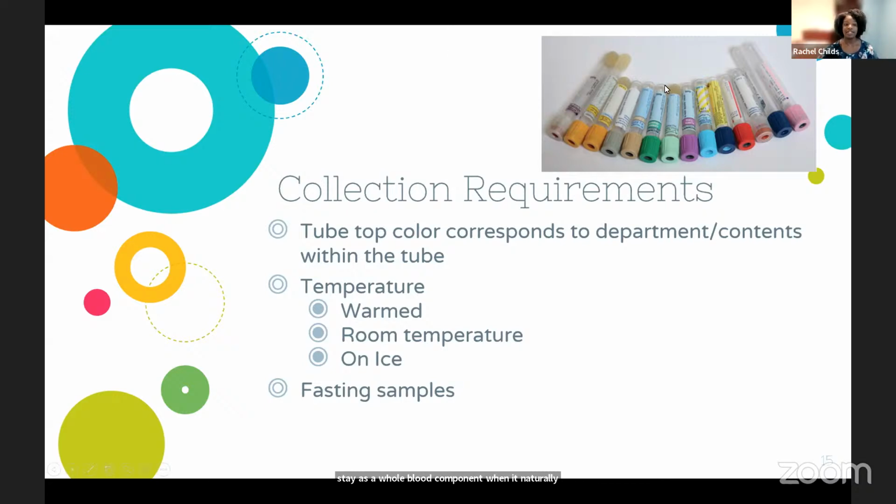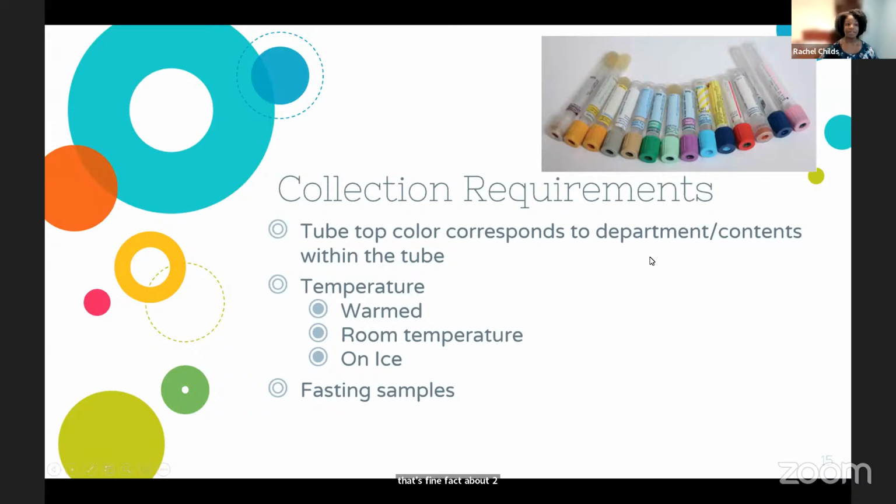So depending on whether the test calls for plasma or serum, we'll determine whether we want a tube with a clot in it, or a tube with a gel barrier in it to induce a clot, or a tube that will contain anticoagulants or other components that prevent the blood from clotting. So that's a fun fact about tube collection.